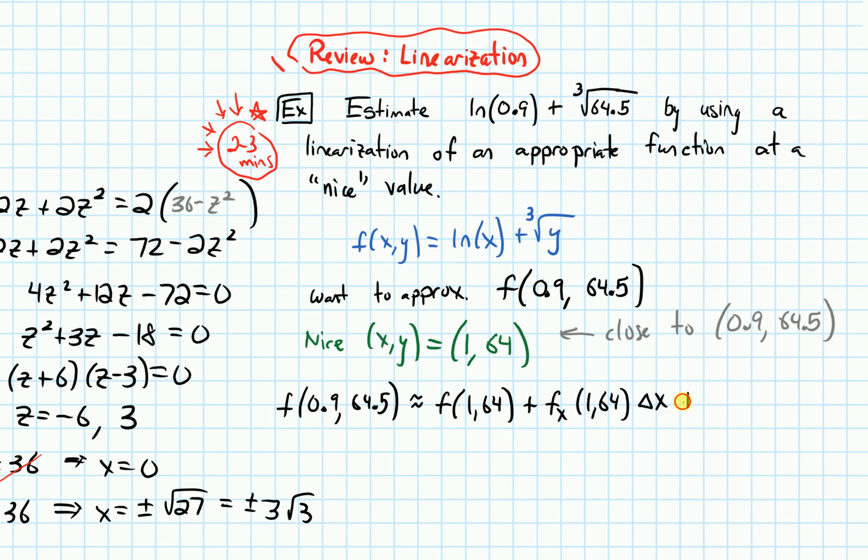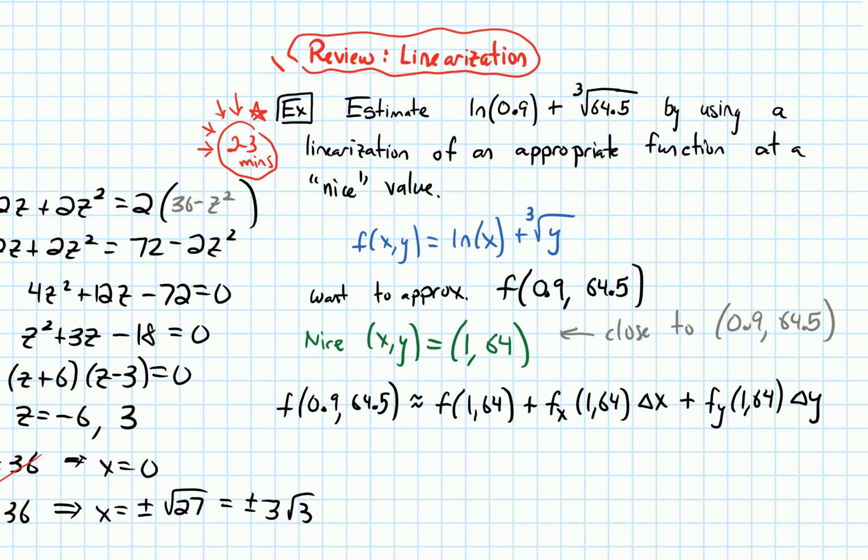Then you do the same thing with the y partial: plug in the nice point (1, 64), and multiply by delta y, where delta y is how much y changes from the reference point to our actual point. If we had a function of more variables, we'd have a very similar formula, except with more partials at the end.